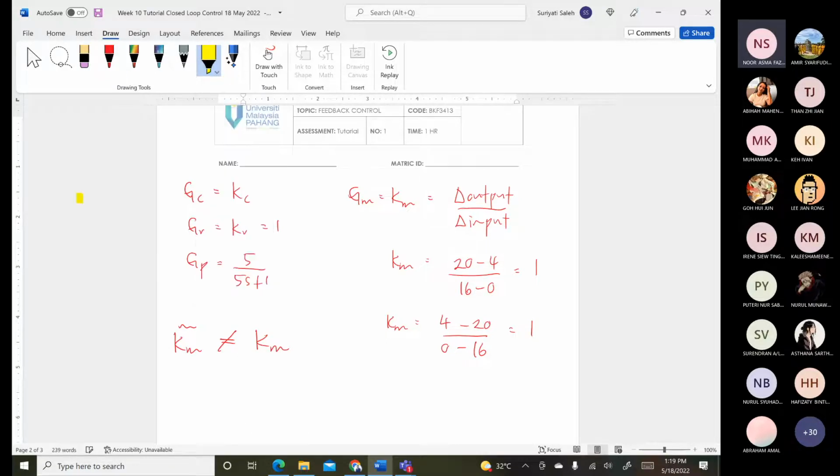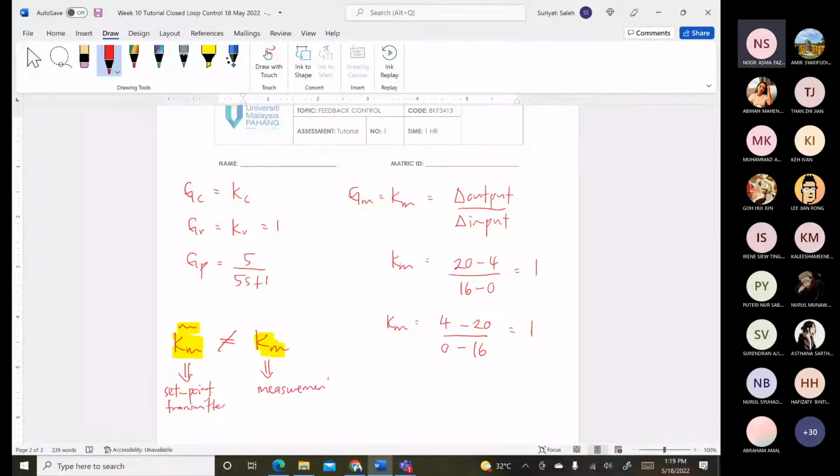Although you have a similar KM, the presence of the bar means you will usually have a different value, because this one is for your set point transmitter and this one is for your measurement.